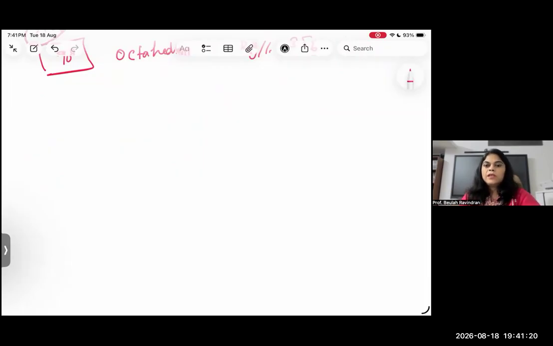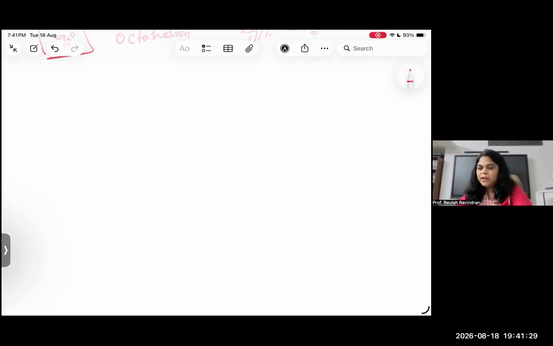So it can be shown like, how it will be. It will be shown definitely three-dimensional. In your book it is given very clearly. Like this, and from here to here.